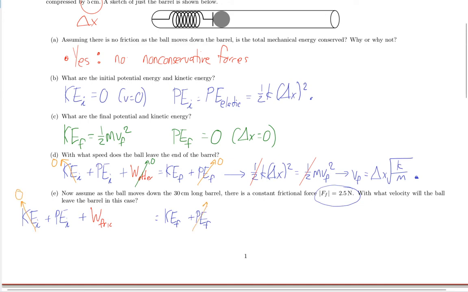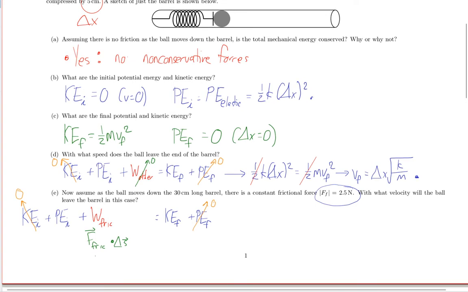It's always the same form: kinetic plus potential plus work done by other forces equals kinetic plus potential final. That's 0. That's 0. And the work done by friction is just the force of friction dotted with the displacement, which is going to be minus F_F times L. We'll use L for the displacement.